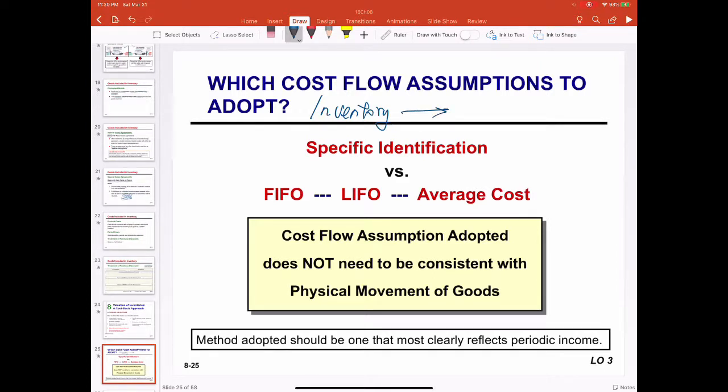And inventory will finally be expensed and recognized as cost of goods sold. So, how to determine the cost of goods sold relies on the cost flow assumption.